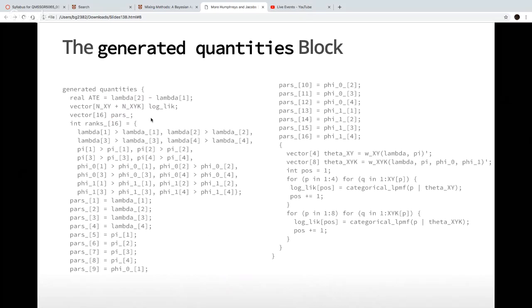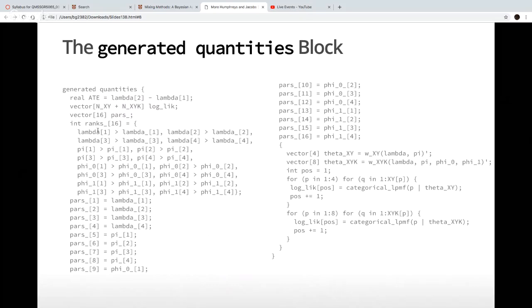Also, we declare a vector, in this case of size 16, called pars_, into which I'm going to copy my realizations from the prior. I have those in case I need to investigate what shape my priors imply for these parameters.